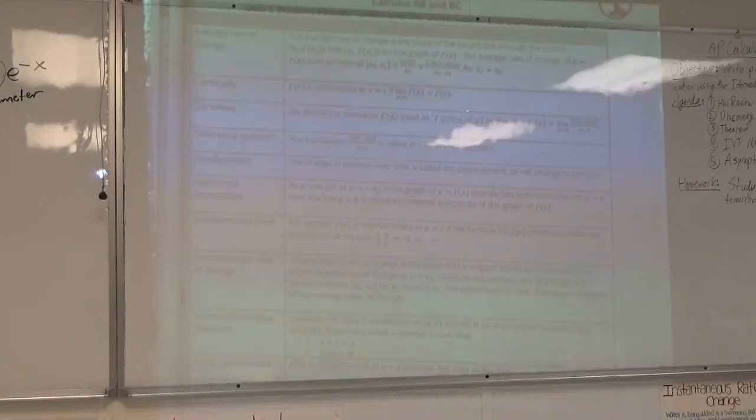What happens on the graph of f if this is getting closer to 0, from the left and from the right? What are we getting closer to?